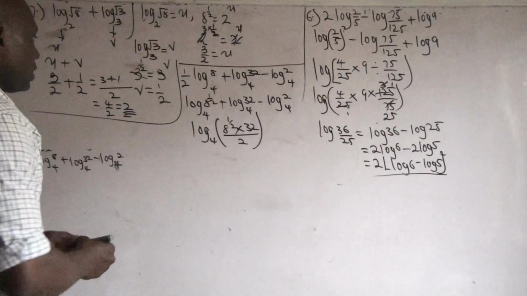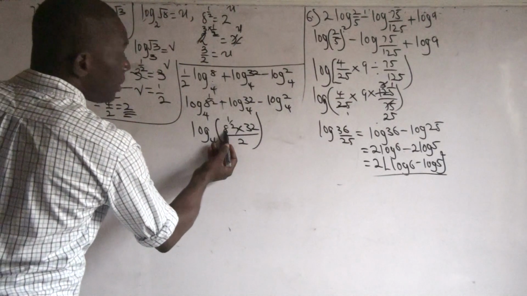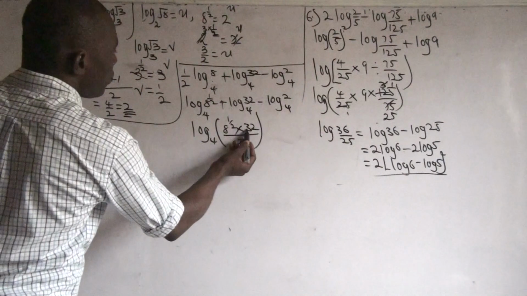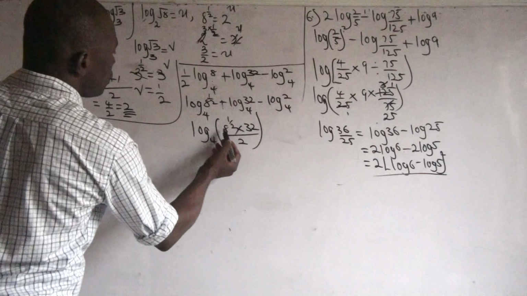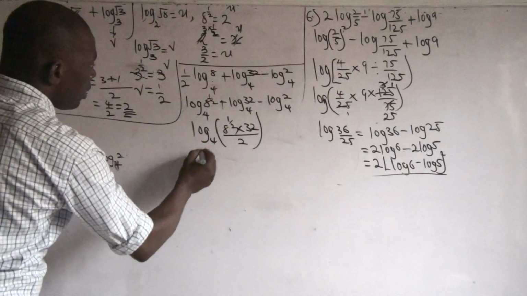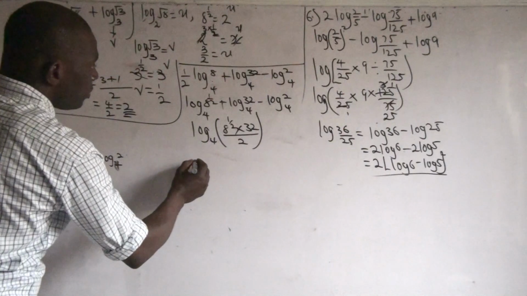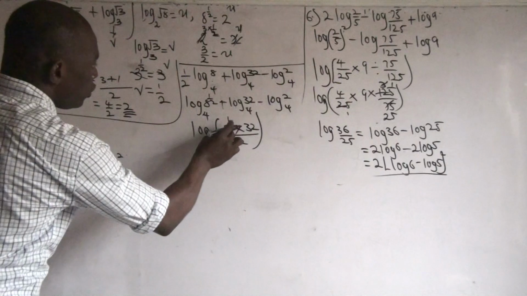So we can raise 8 to the power of half, we can also raise 2 to the power of 32. So we're going to change all of these to the common number 2, using base 2.